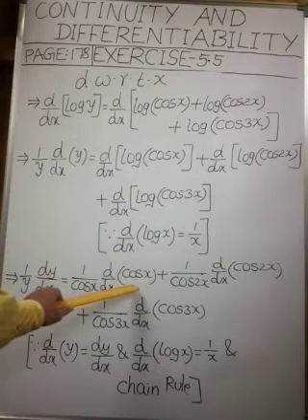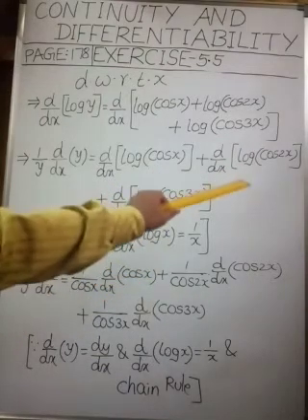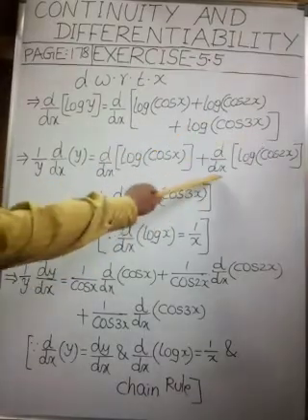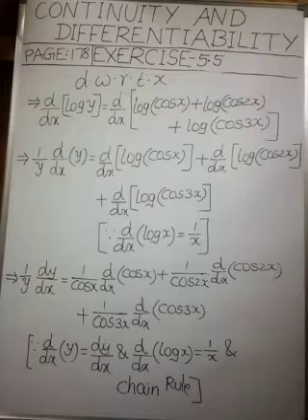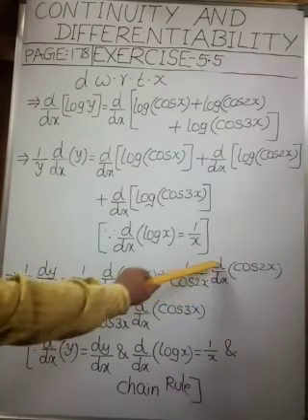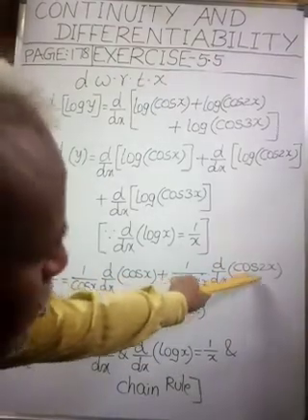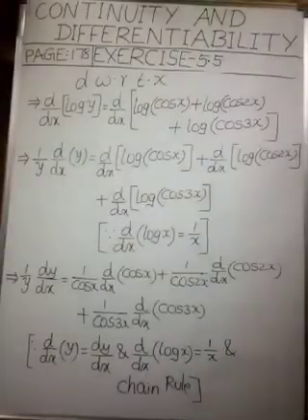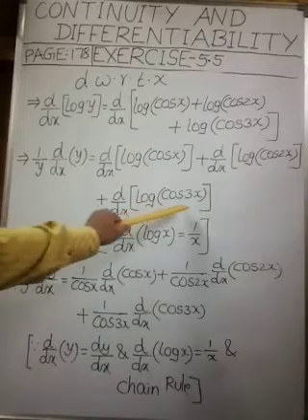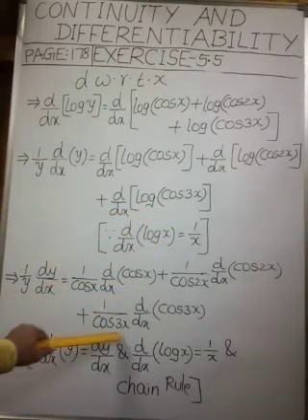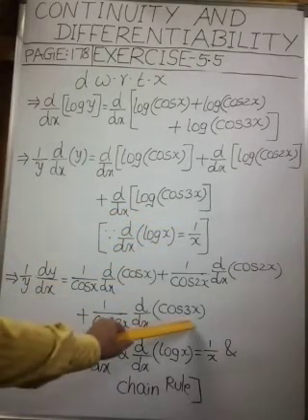Right. We follow the same procedure for the remaining two terms also. So d by dx of log cos 2x, it is also in the form of d by dx of log x. So 1 by cos 2x into d by dx of cos 2x. Understood this second term, my children? Right. Plus d by dx of log cos 3x. So 1 by cos 3x into d by dx of cos 3x.